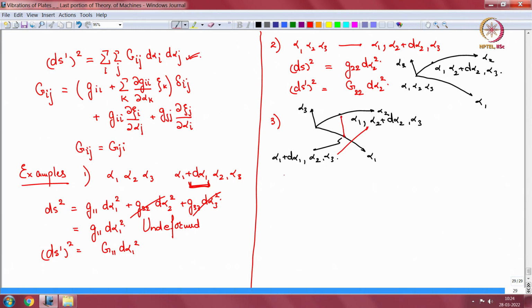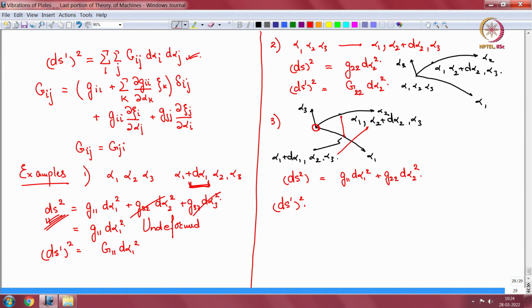If we look at the formula for undeformed distance, ds square is equal to g11 d alpha 1 squared plus g22 d alpha 2 squared. But in order to find ds dash whole squared, we have to have one point at alpha 1, alpha 2, alpha 3.